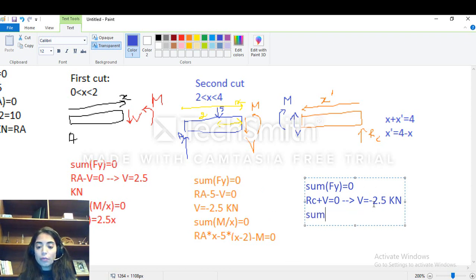Now if I do the sum of moment around X prime here is equal to 0, what does this mean? This means that M at X, or at X prime, sorry, will be equal, because they have different direction.